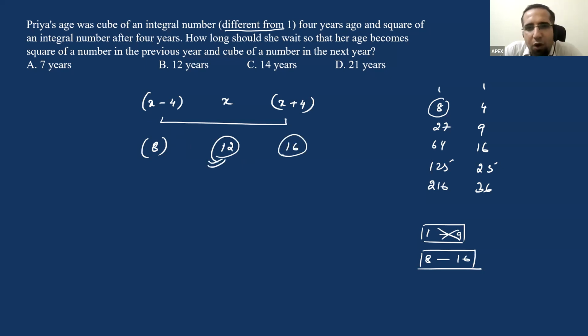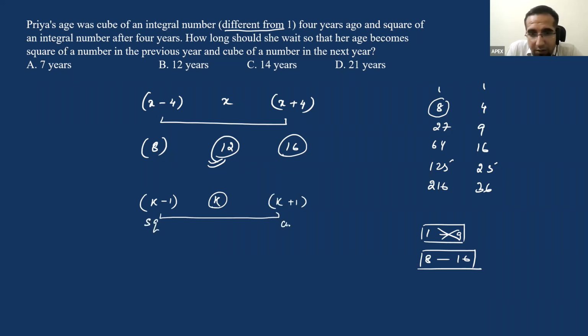Okay. Now how long should she wait so that her age becomes square of a number in the previous year and cube of a number in the next year, whichever age she is in. So I'm looking at k minus 1 and k plus 1. That means the gap between two should be 2. And this time this is the square and this is a cube.